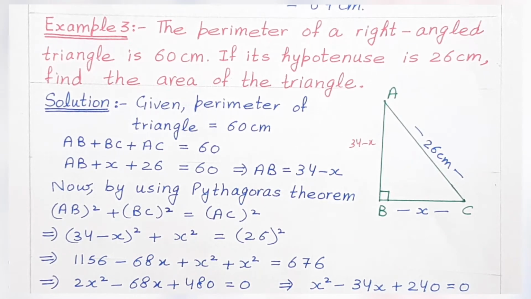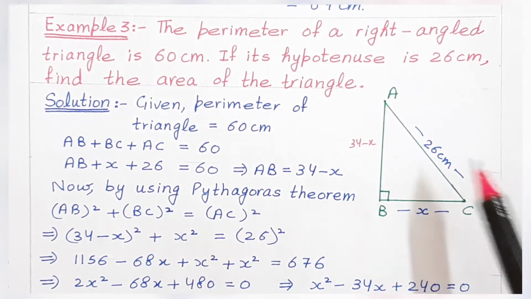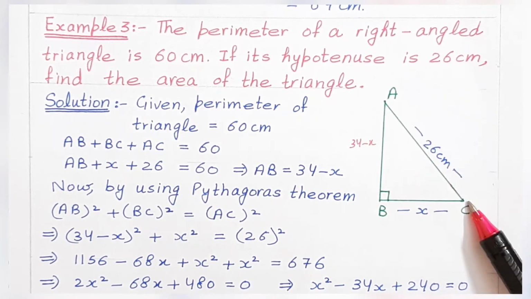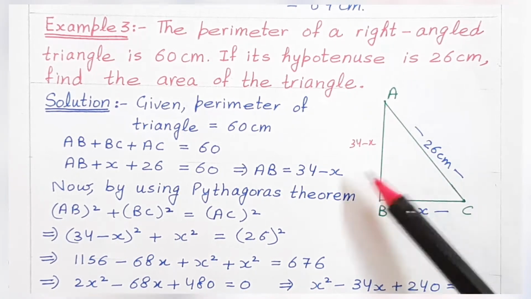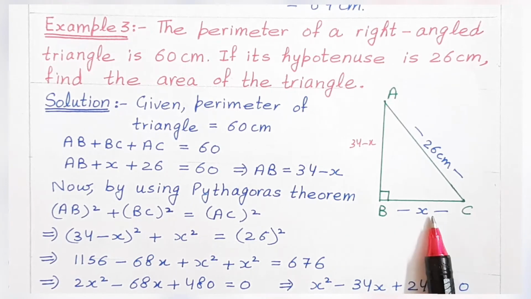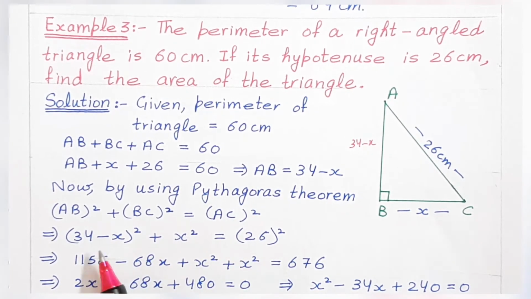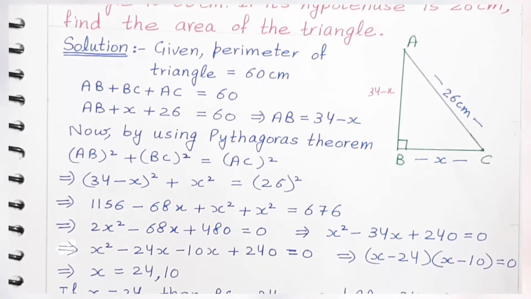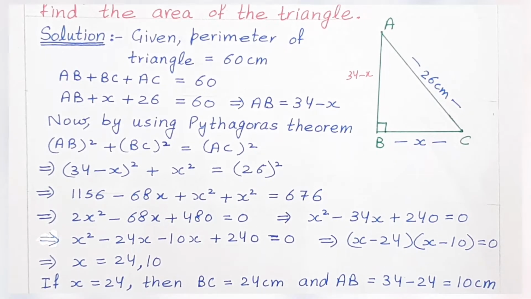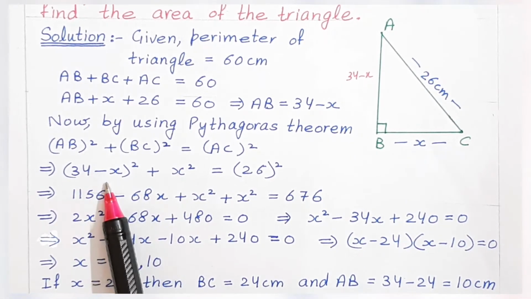Clear? Now, by using Pythagoras theorem, AC square is equal to AB square plus BC square. So that is 26 square is equal to (34 minus x) square plus x square. Now students, it is very important to apply the formula here.